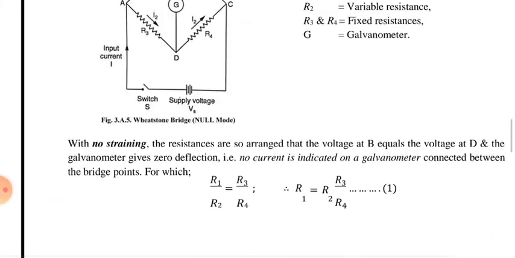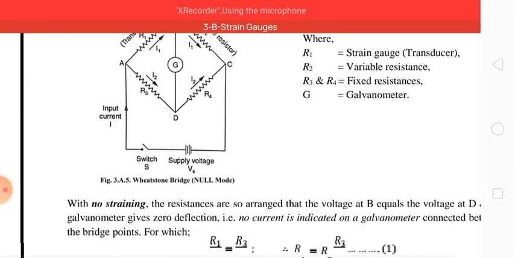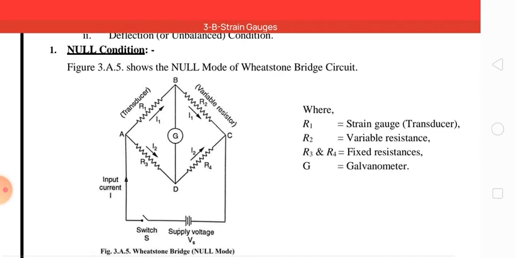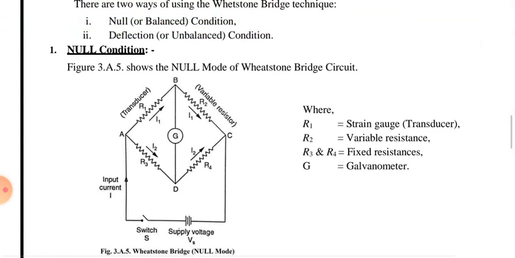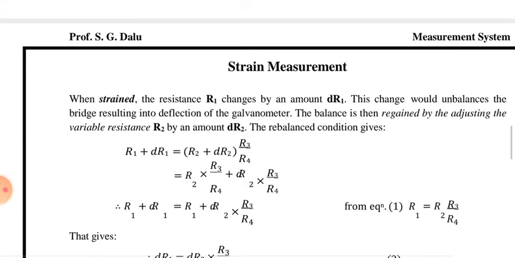In the circuit, R1 is the transducer and R2 is variable. So whatever strain appears in R1 will be balanced by the variable resistance; the change in R1 to dR1 appears in R2 plus dR2.